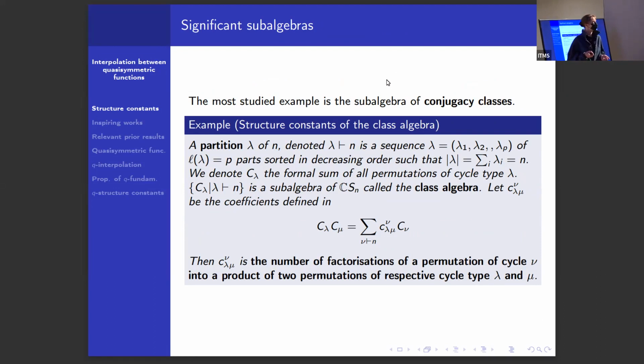Then it is well known that the span of all C lambdas is a subalgebra of the group algebra of the symmetric group, and its structure constants C lambda mu nu give the number of factorizations of a permutation into the product of two permutations of given cycle type.